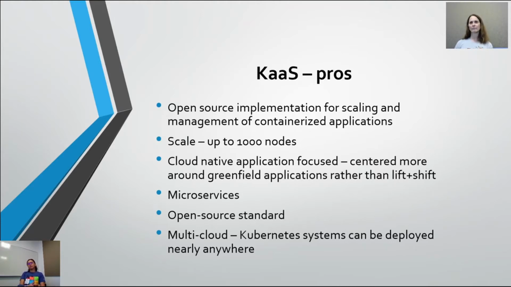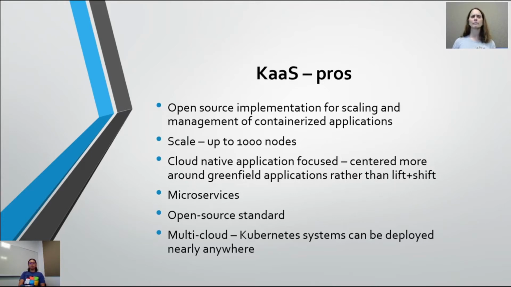And then the next benefit that you might want to, or you already know of, is the cloud native application focus, centered around greenfield applications rather than lift and shift. So again, this is better for the more modern type of application development. If you're a traditional Java EE shop, KaaS might be a rather challenging effort to move, especially for the bigger workloads. And if you're looking into developing microservices, KaaS is also a good way to go.